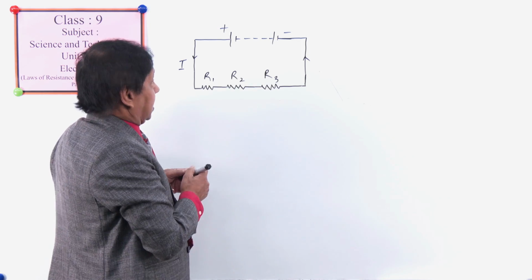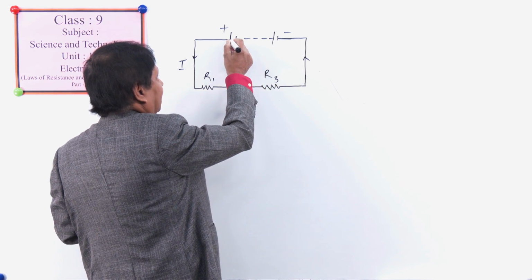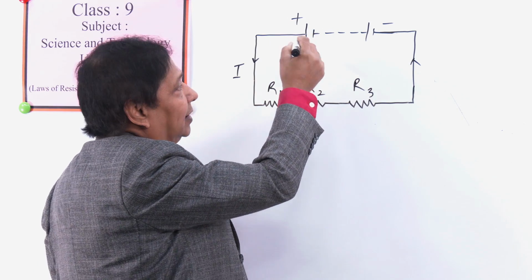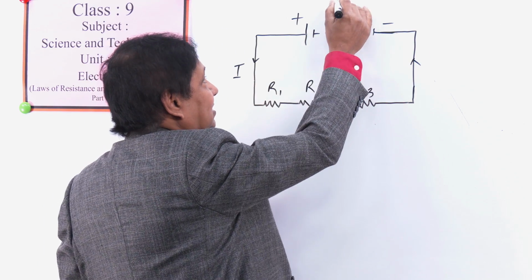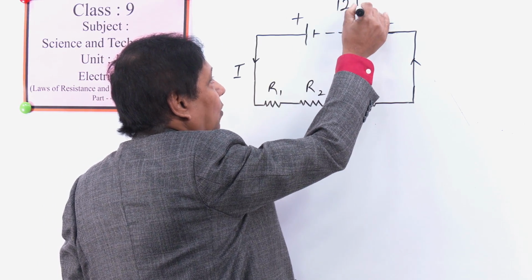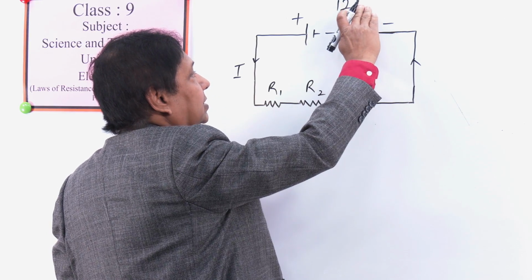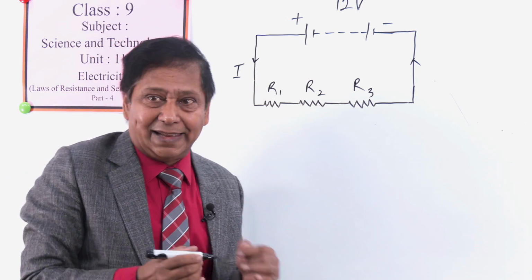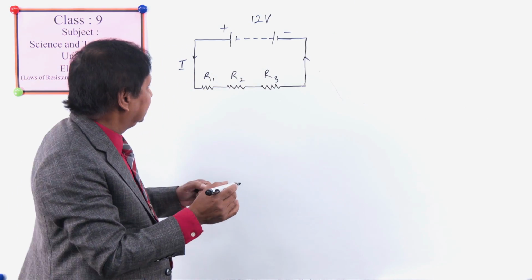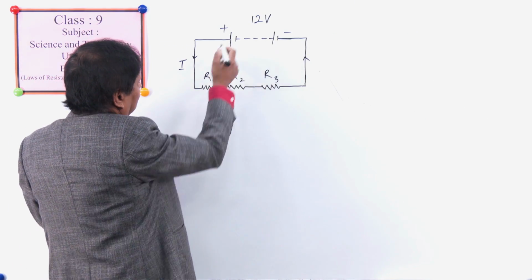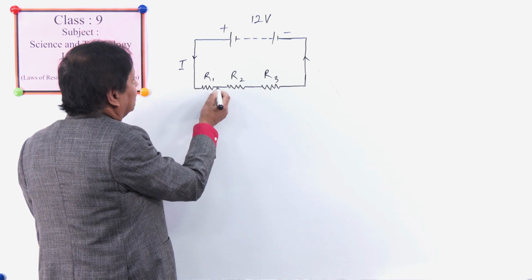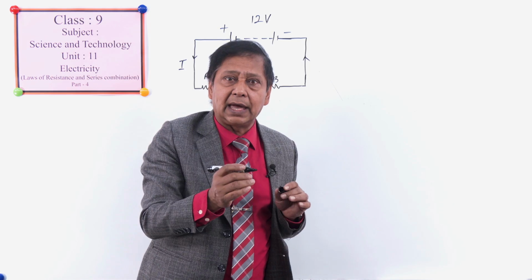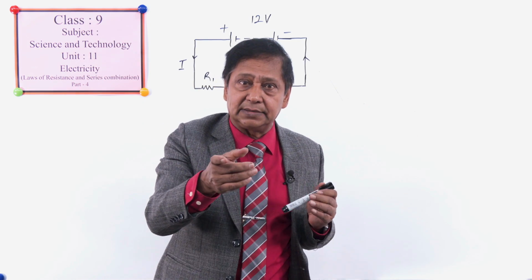Now, if we measure the potential difference between the positive and negative terminal of this battery, neglecting the internal resistance, let's say it is a 12 volt battery supplying 12 joule electrical energy per coulomb charge. Do you remember what PD is? This was taught in the previous class.